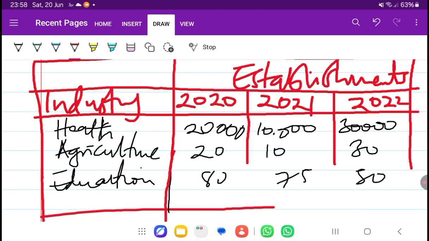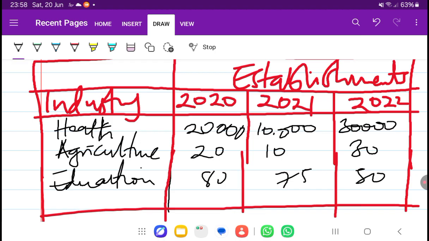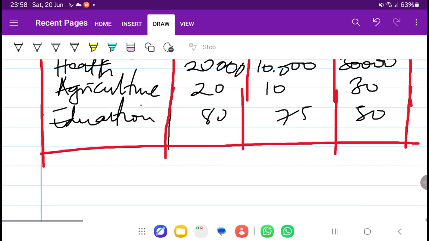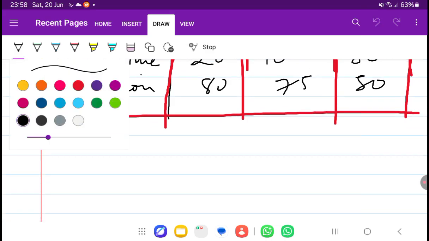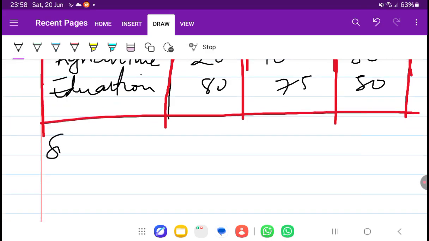Of course, we can close off the table, but remember I told you the moment you create a table, you have to show the source of the information. So you can come here, maybe you put the source, maybe we got this information from UBOS, Uganda Bureau of Statistics.